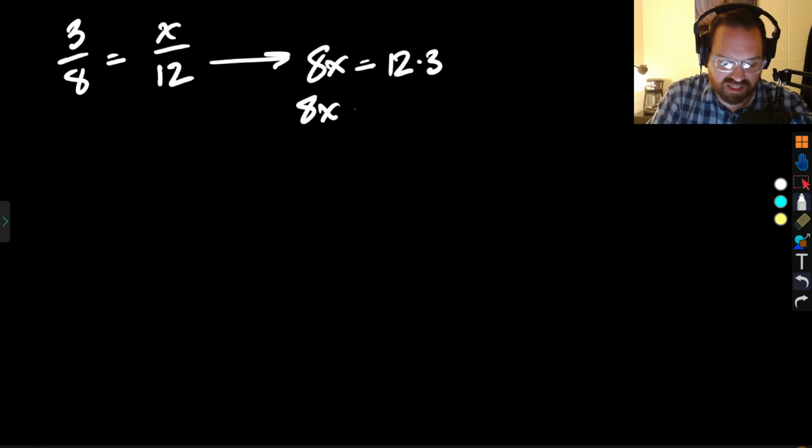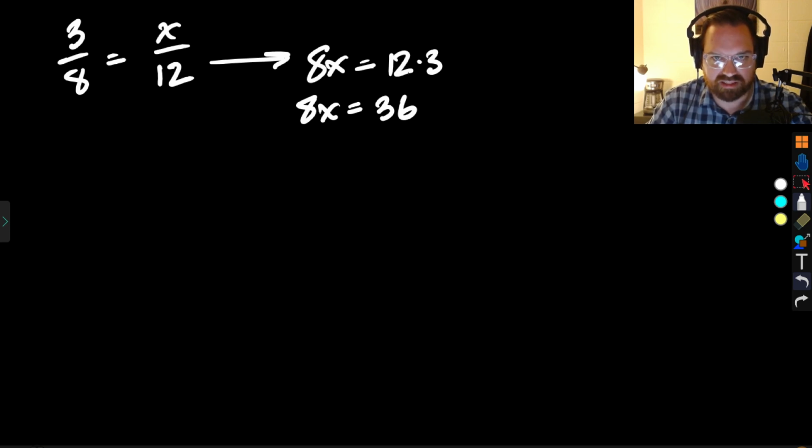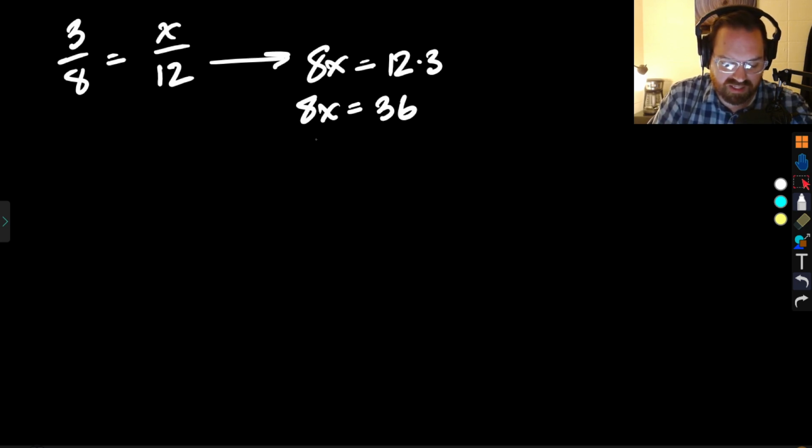So here we go, 8x. 12 times 3 is 36. I like 12s because I like thinking of hours, 12 hours, 24 hours is a day, 36 hours is a day and a half, right? So again, just a way of making it practical. We'll go ahead and divide through by that number that's in front.